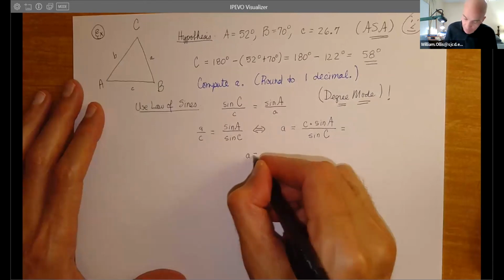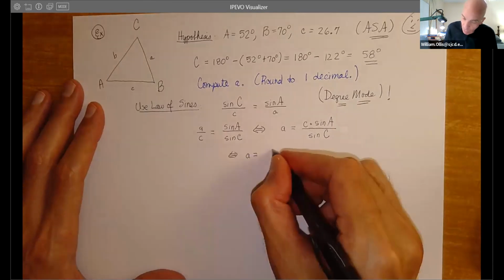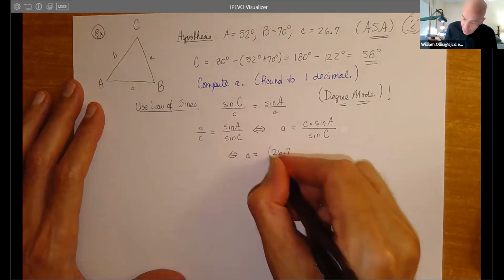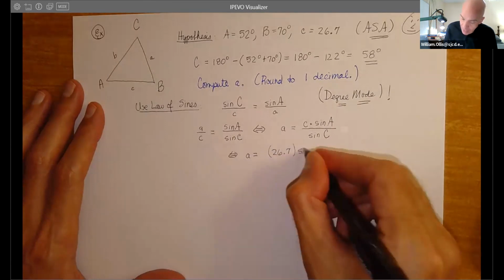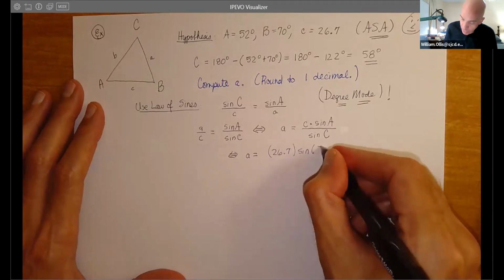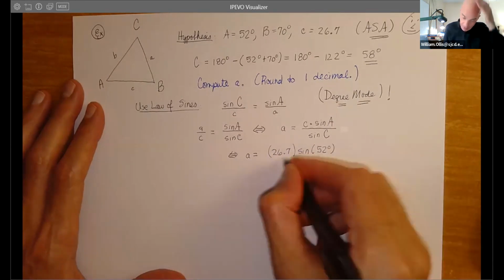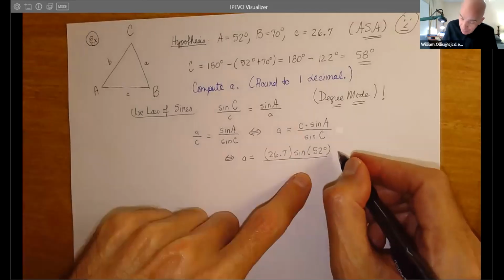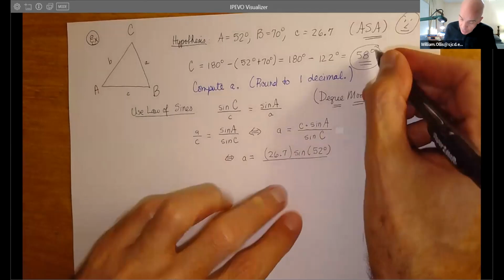So equivalently, we have C, which is 26.7 times sine of A, sine of 52 degrees, divided by sine, in this case, of C, which is 58 degrees.